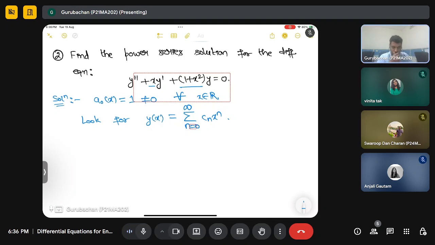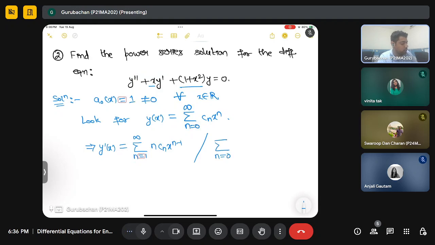So let us start solving this. From here we will get our y dash x to be the sum from n equal to 1 to infinity of n Cn x to the power n minus 1. You may also write n from 0 to infinity, and it will be the same because when you put n equal to 0 in this, it becomes 0.